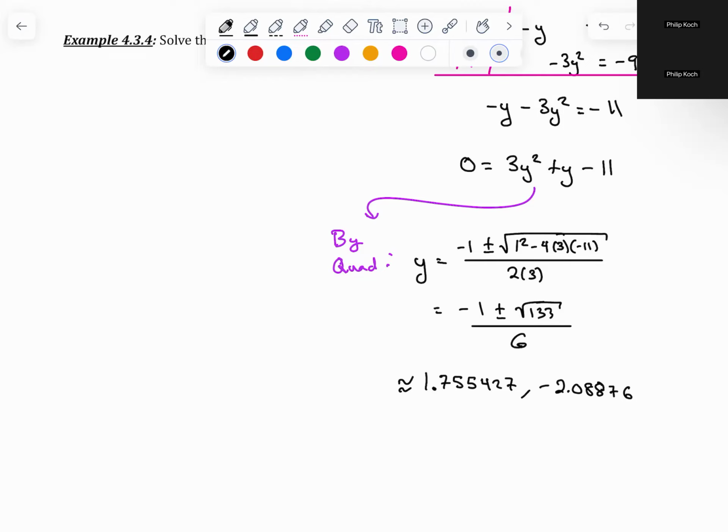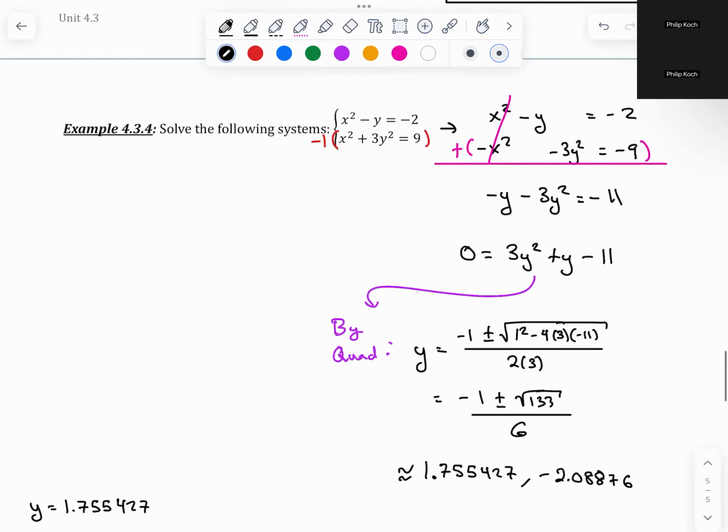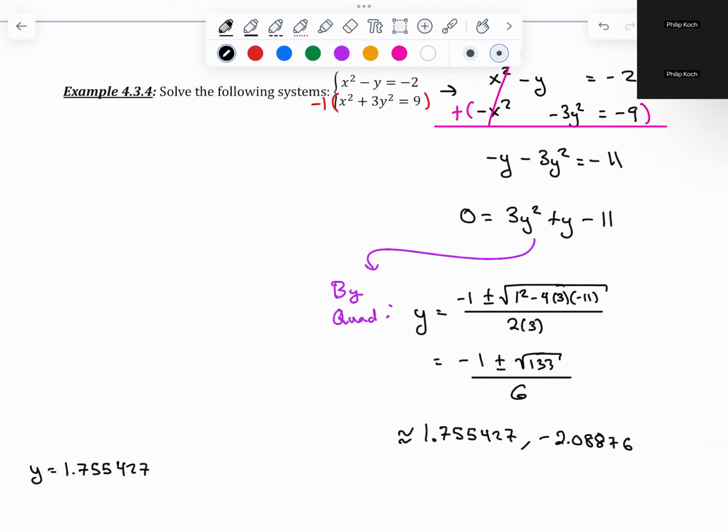All right. So let's try and use those y values in either one of the equations to solve for x. So now we'll do y equals 1.755427. And looking at the equations, I think it would make more sense to use the first equation, because then I don't have to square that number and write an even longer, more obnoxious number.